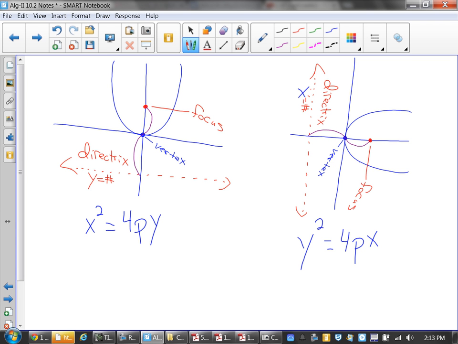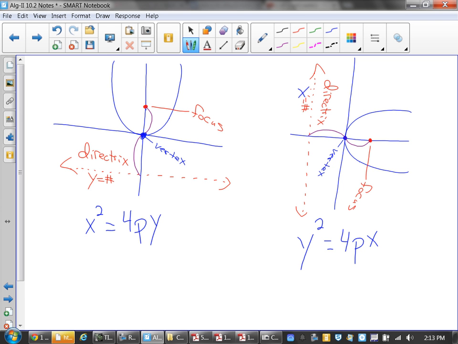Take a deep breath. All of our parabolas that we're going to work with have this going on. This value of p is always going to be the distance from your vertex to the focus. If p is positive and it's an x squared, it goes up.